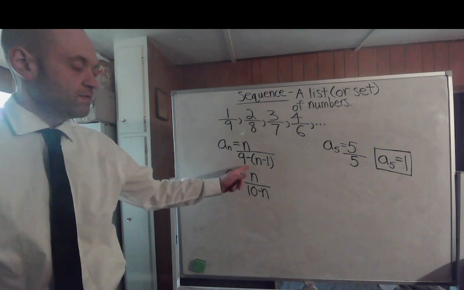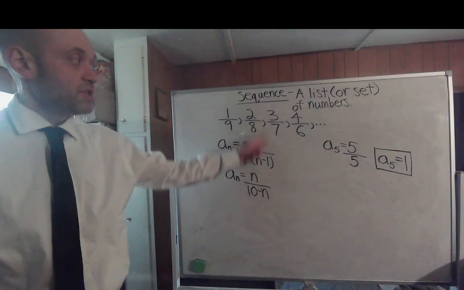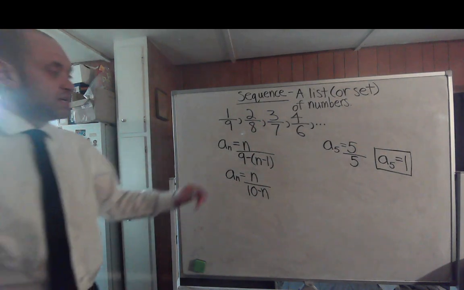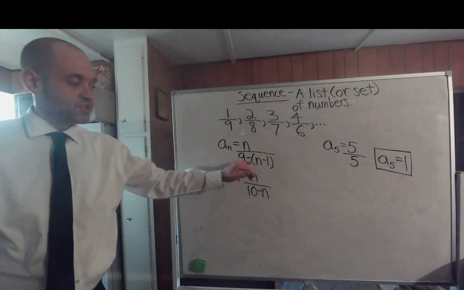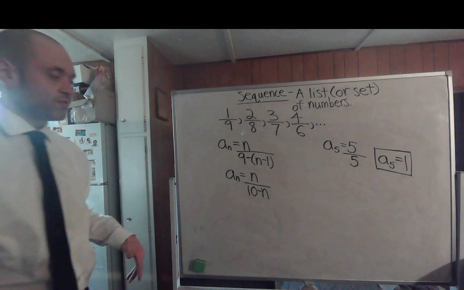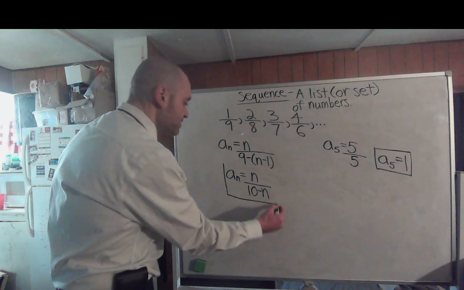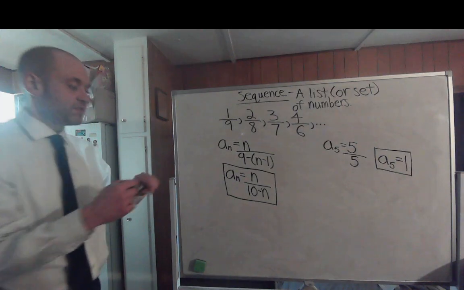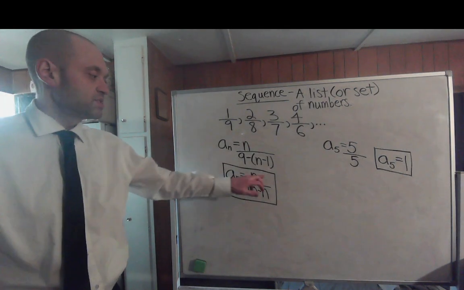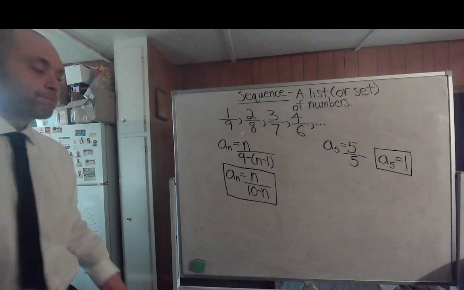So that'd be 3 over 9 minus 2, which is 3 over 7. So that's where n over 9 minus the quantity of n minus 1 comes from. This simplifies into the general nth term formula: a sub n equals n over 10 minus n.